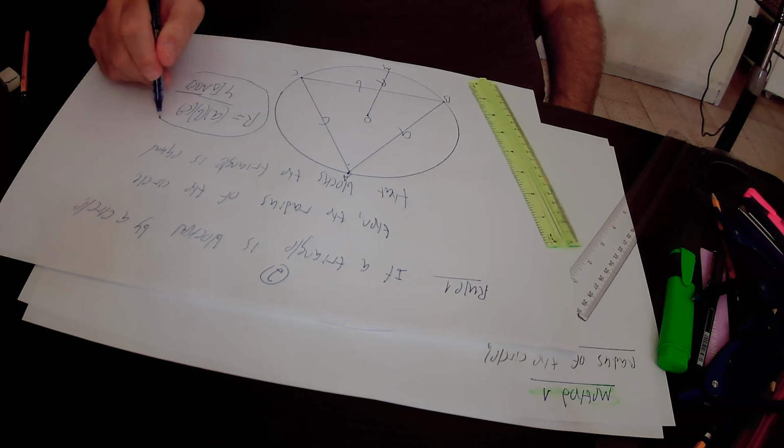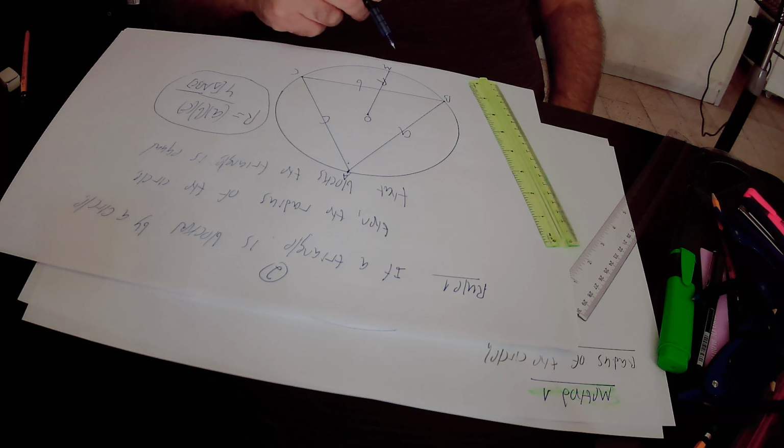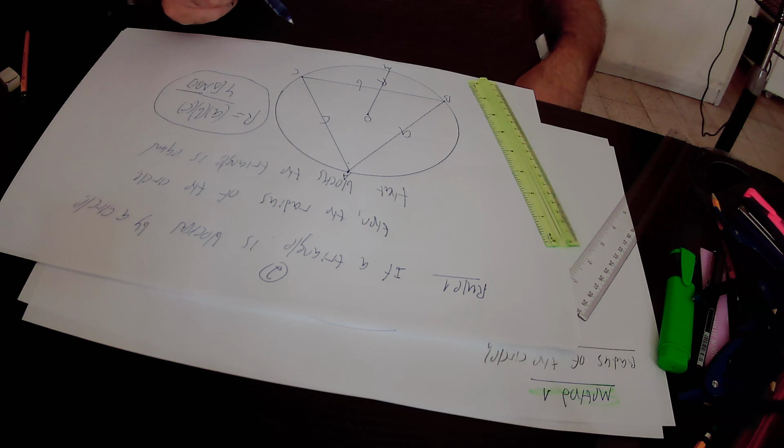I'll repeat again, if we have triangle ABC that is blocked by this circle, then the radius of this circle that blocks triangle ABC will be equal to A times B times C, that is the multiplication of the side lengths of the triangle by each other, over 4 times the area of this triangle.